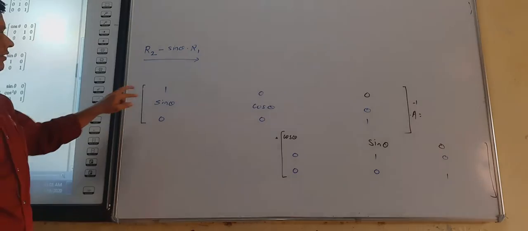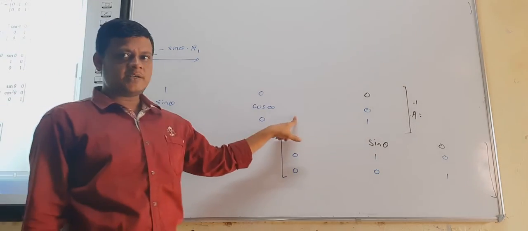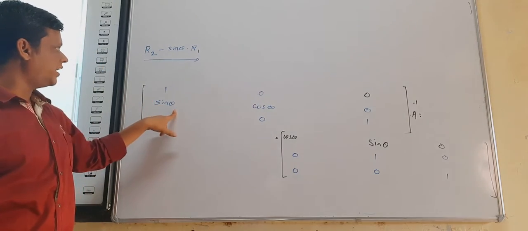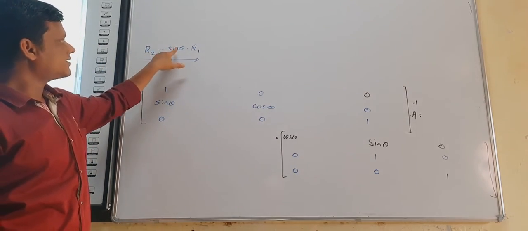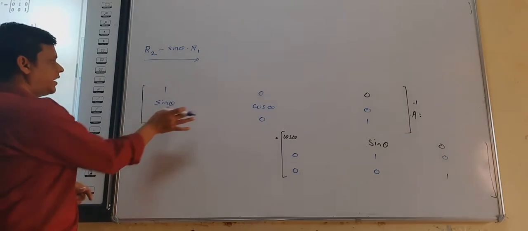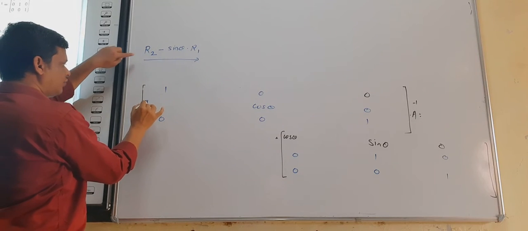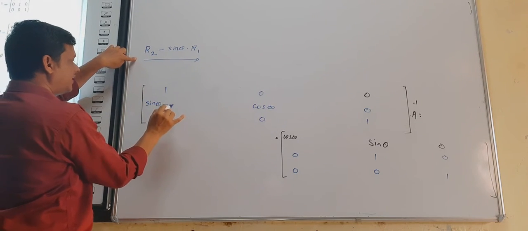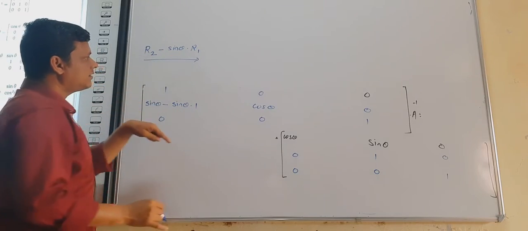Now see, keep the first row as it is, keep the third row as it is. We require 0 here. So by elementary transformation, R2 minus sin theta into R1. So we get here 0. R2 is sin theta minus sin theta into R1, R1 is 1.